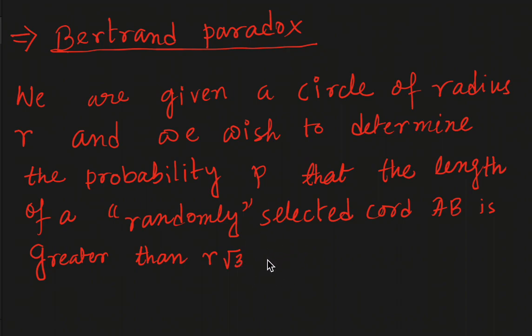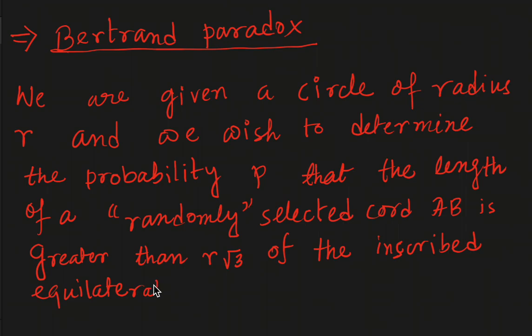I choose r root 3 because r root 3 is the side length of the equilateral triangle which you can draw inscribed inside the circle.